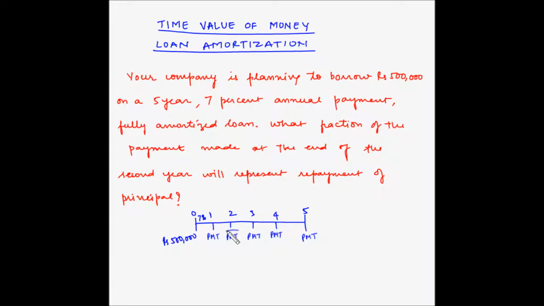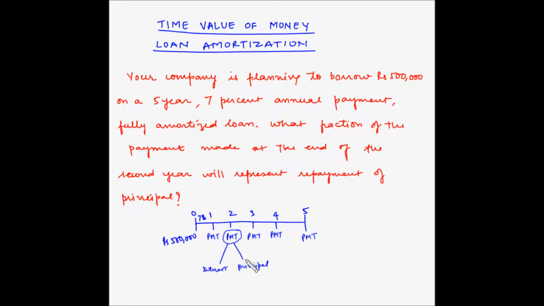The payment made at the end of the second year will comprise interest and principal, and so would all of these payments. However, each payment amount, though the same overall, will have a different ratio of interest to principal.